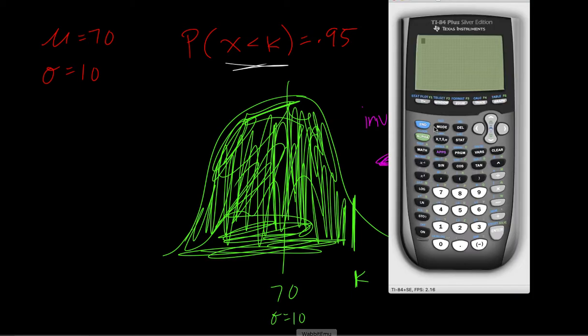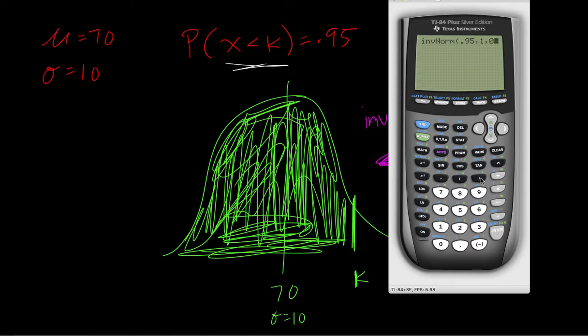So we go here, we go second, catalog, click the I, go down till we see inverse norm, right there. Okay, the first argument is the percentage, so we want to find 95%, and then we just type in the mean and the standard deviation.